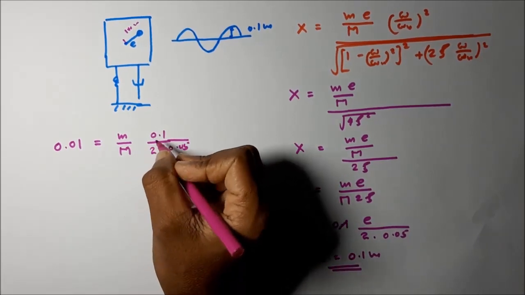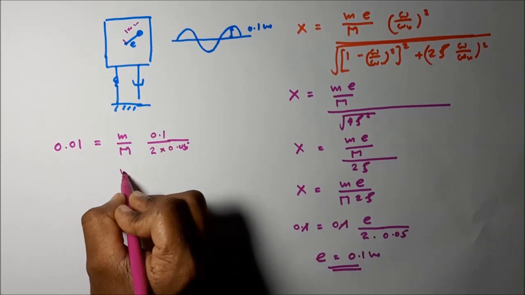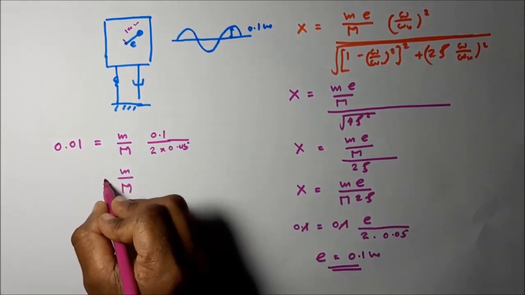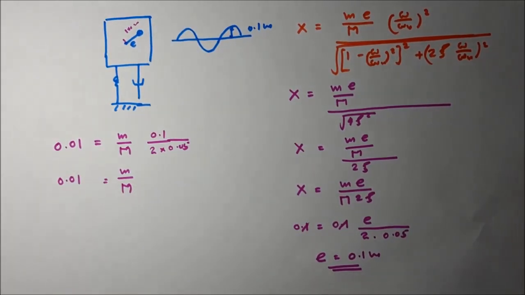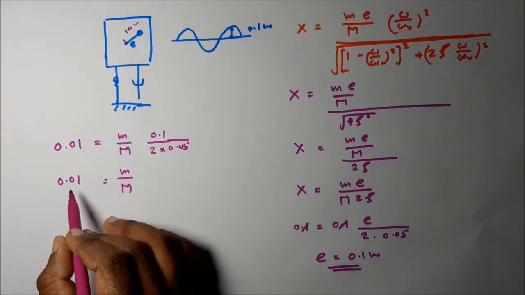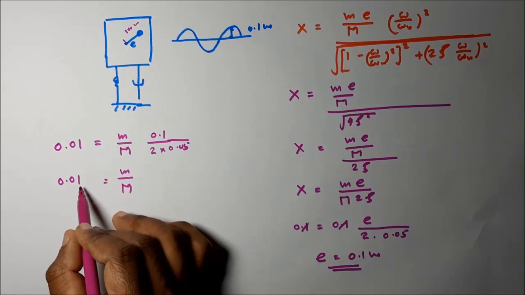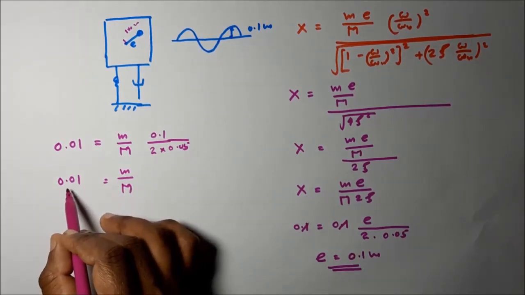Then we can cancel these values, so finally m divided by capital M should be equal to 0.01.